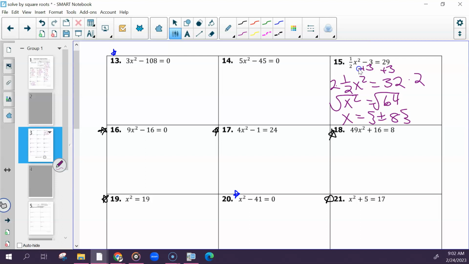16. How do we start that? 16. And then divide by 9. So here, this is different because these won't simplify.